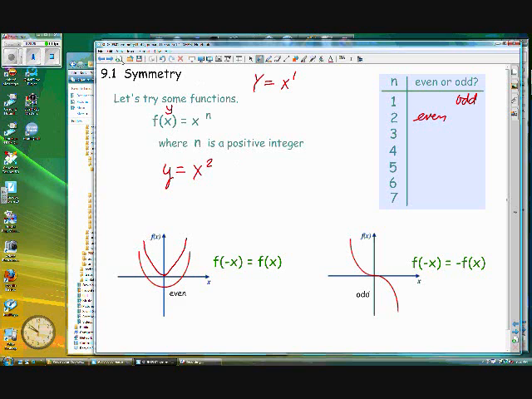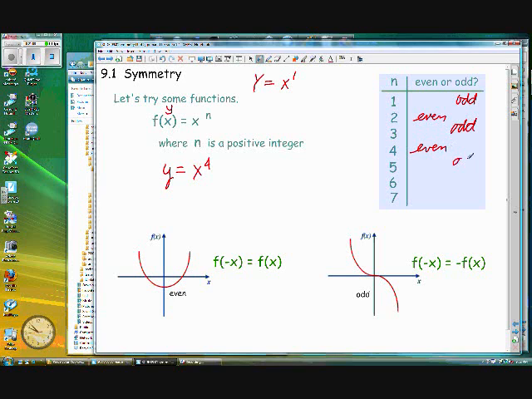I'm going faster than I should probably, but you can pause it. Okay, so if I erase this and try that in your calculator, y equals x to the third. Odd, right? And now y equals x to the fourth, and that's even.